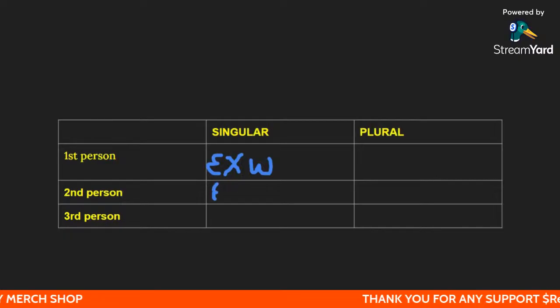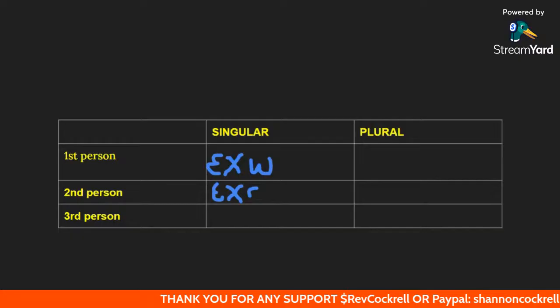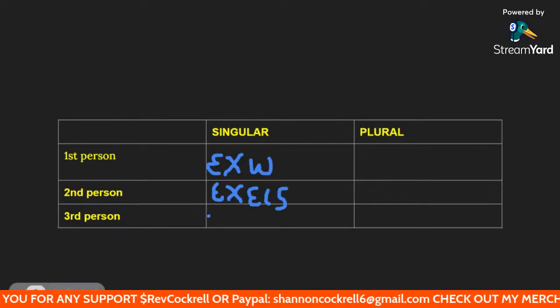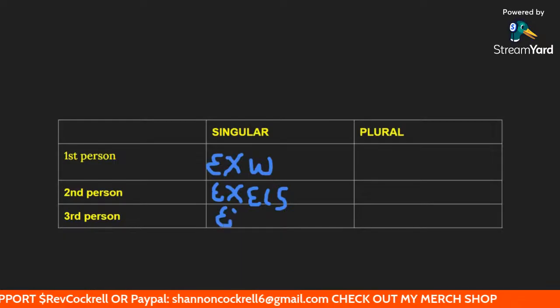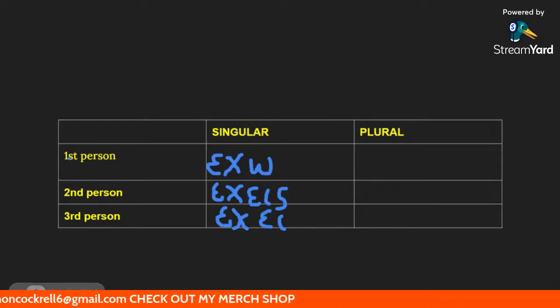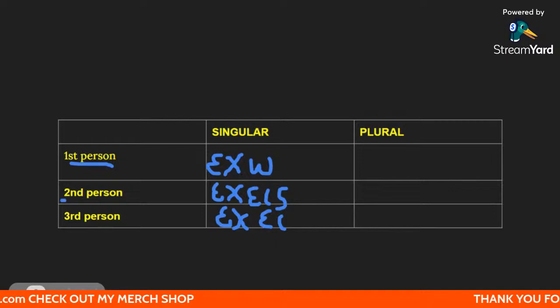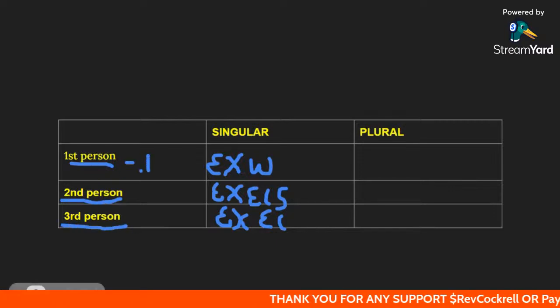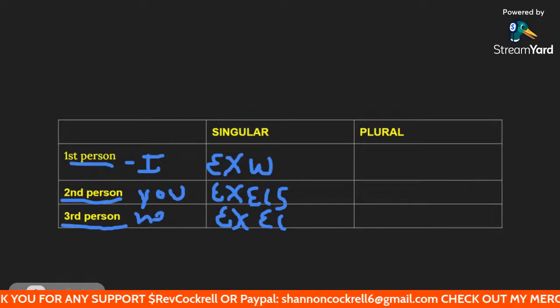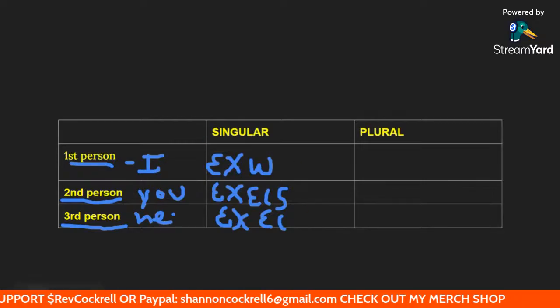Echeis, echei. First person, I. Second person, you. Third person, he, she, or it. So I, you, he, she, and it. That's the singular.